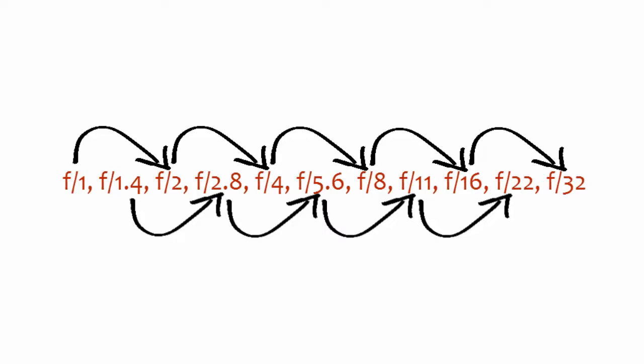How can you remember these numbers? Simple. Remember f1 and f1.4 and double the number. For example, if you double 1, it would be f2, which is a stop more than f1.4. Similarly, if you double 1.4, it comes to f2.8, which is the next stop after f2. This is how you can work out what the next stop number is.